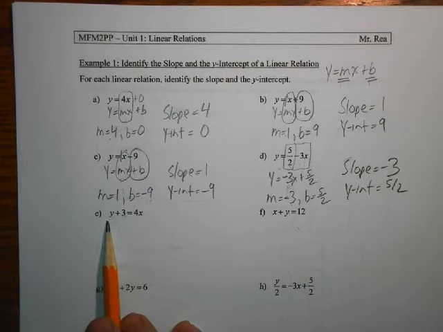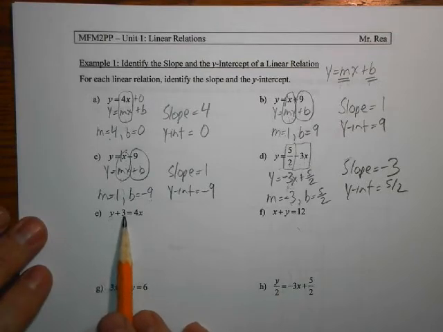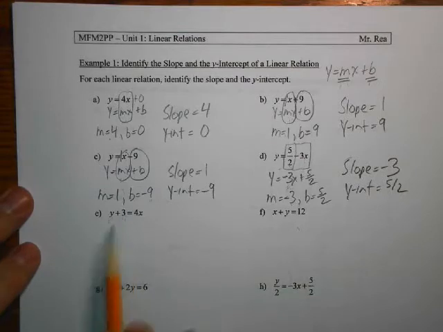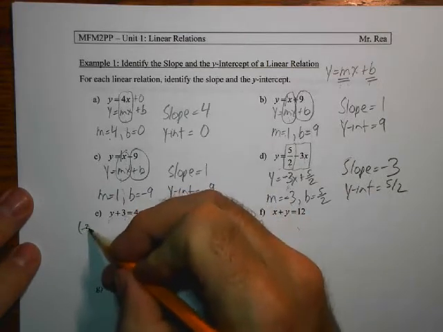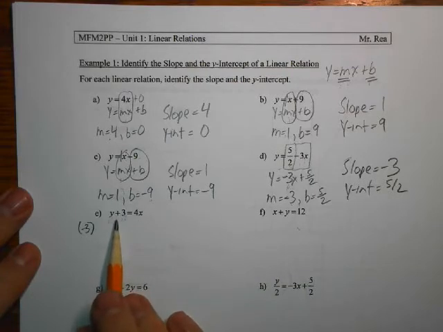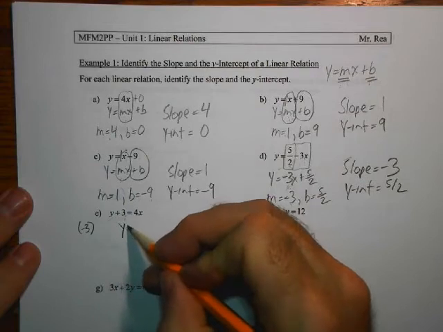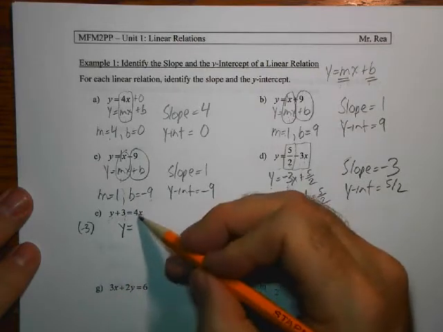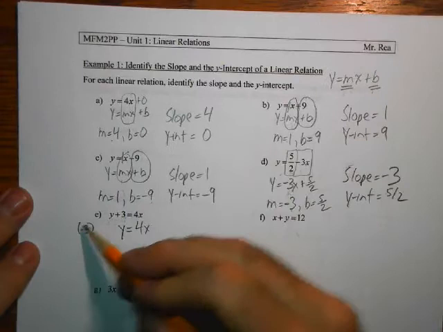So you ask yourself, well, what's happening to the y here? Well, we're adding 3. So if I want to undo that, I do the opposite of adding 3. I subtract 3 from both sides of the equation. And when I do that, the minus 3 and the plus 3 cancel each other out. And then I get y equals the 4x that was already there, minus 3.